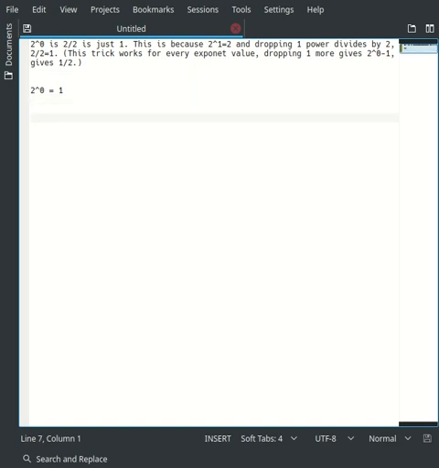So we have 2 to the third is 3 copies of 2 multiplied together, which means 2 is multiplied by itself 3 times.